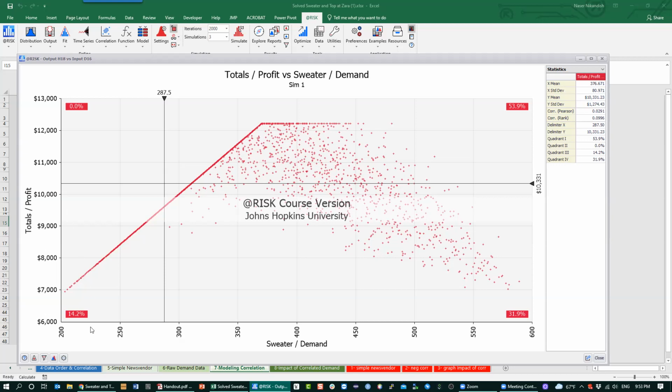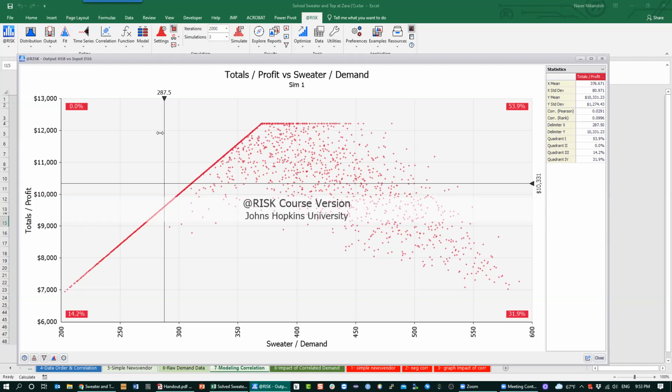When demand goes up, going from the left-hand side of the x-axis to the right-hand side, I'm selling more and more units of sweater at full price and fewer at salvage value. So as a result, profit keeps going up. All right, so that's that.